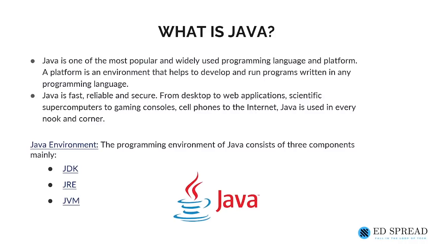From desktop to web applications, scientific supercomputers to gaming consoles, cell phones to the internet, Java is used in every nook and corner. Okay, so Java is everywhere, and there are many things in our system which are written in Java code. All right, so in the backend there is Java in many of the things which we use in daily life, like cell phones, the internet, scientific supercomputers, web applications.